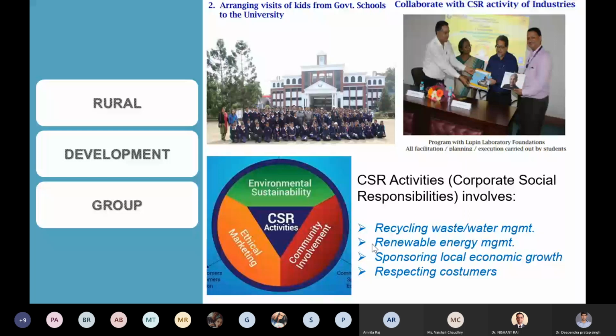Okay. Then also, why do they do this? Why are these industries nowadays focusing on these social responsibilities? Because there is a term known as the ethical market. Any corporate body, obviously to create its value in the market, is following these CSR activities.